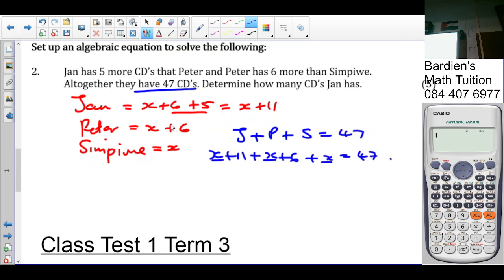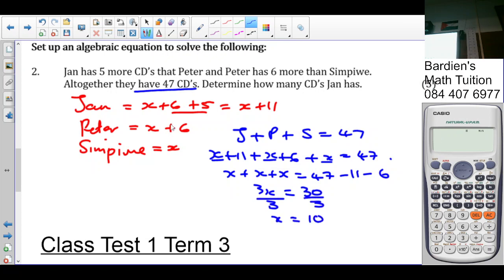So x plus x plus x is 3x, equal to 47 minus 11 minus 6. So 3x is equal to 47 minus 11 is 36, 36 minus 6 is 30. Divide by 3. So x is equal to 10.